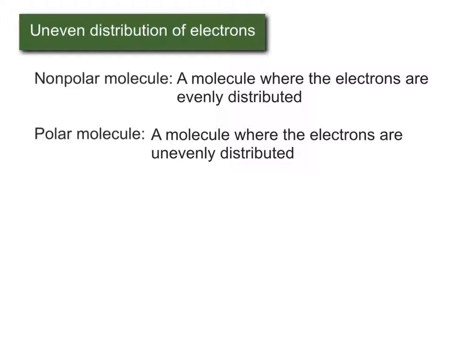And you're going to have to look at this in terms of the whole molecule and whether it has polar bonds or not. So if there are no polar bonds present in the molecule, then it has to be nonpolar. If it has polar bonds, then you have to determine if they result in an uneven distribution of the electrons. So we're going to do an example just to make this a little bit clearer.